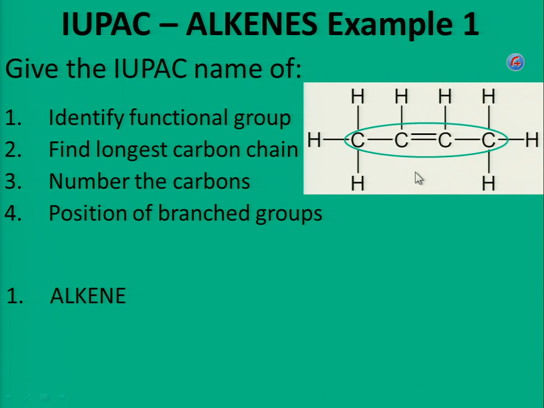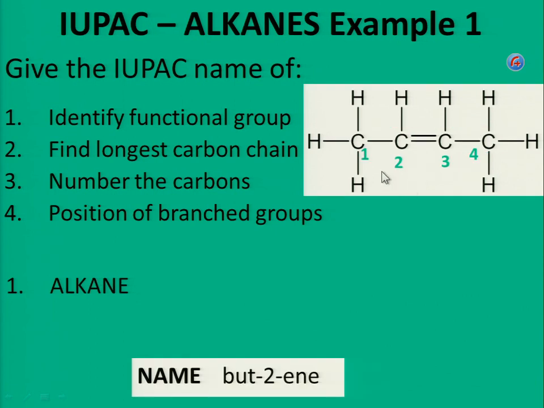That means this is an alkene. Number the carbons. 1, 2, 3, 4. Therefore but-. Where's the double bond? 2-ene. It is important to note that you have to indicate where the double bond is. Carbon 2.